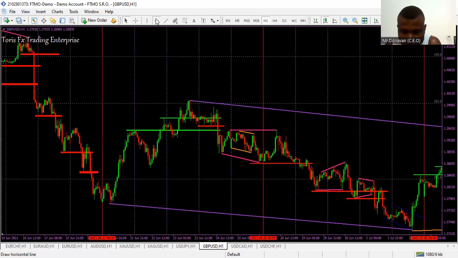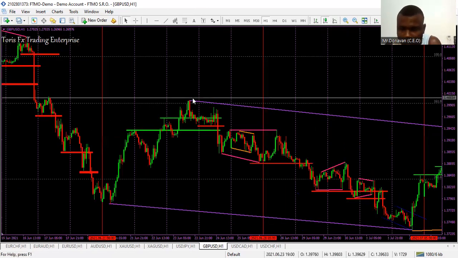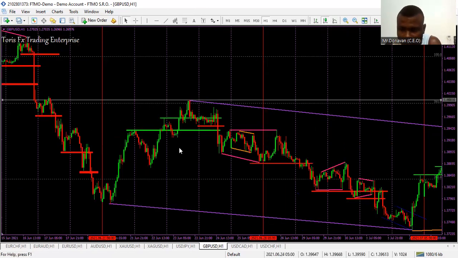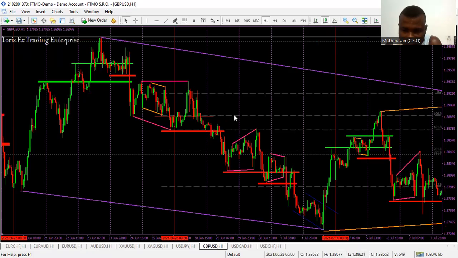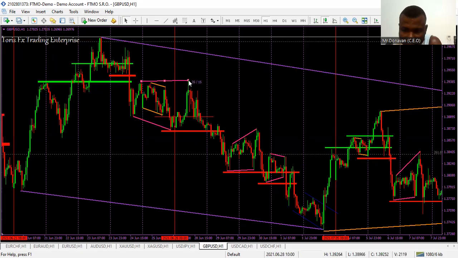Now this is the week's low, the week's high. Sell. We sell here also. 161 of it hit. So sold here. It's right here. You have to put your stop loss above here.